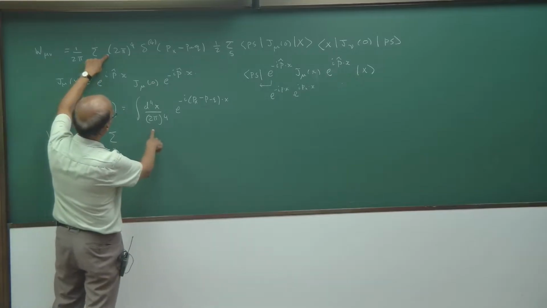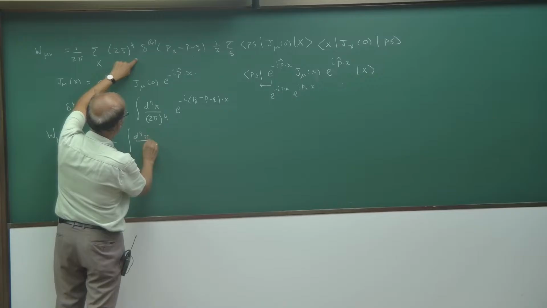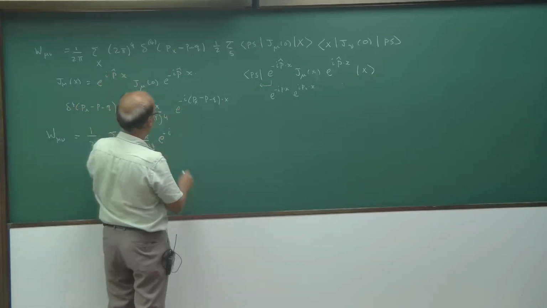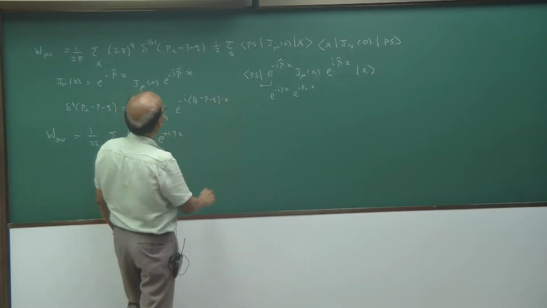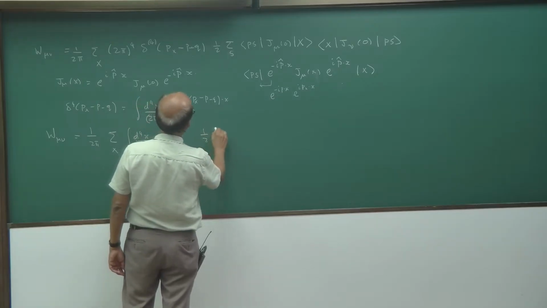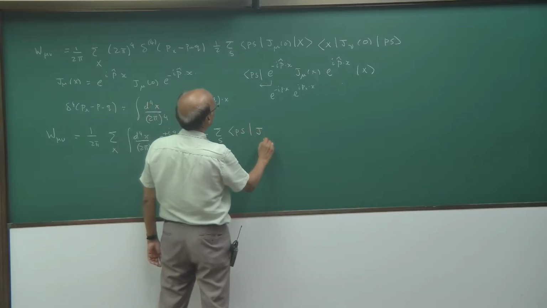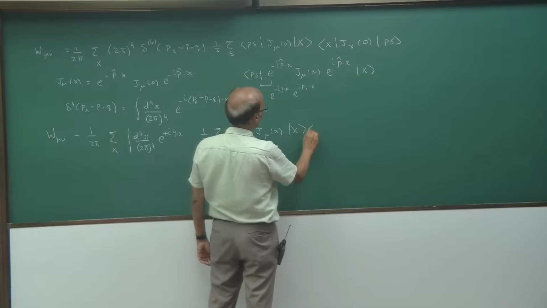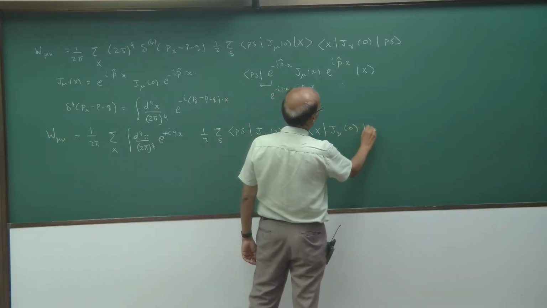Into the delta function, which will be this integral d4x over 2 pi to the power 4 e to the power plus i q dot x; P_X, all the p's cancel. Then half the sum over spins s, j mu of x. This capital X and small x are different. This is a position, and this is j nu of 0, p, s.